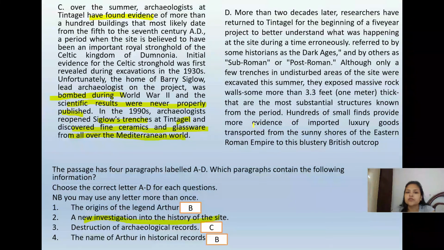Hundreds of small finds provide more evidence of imported luxury goods. There they found small finds of these things, and they found a substantial structure. So for the last one, a new investigation: they returned to the Tintagel site and found these things. That's why it is D.